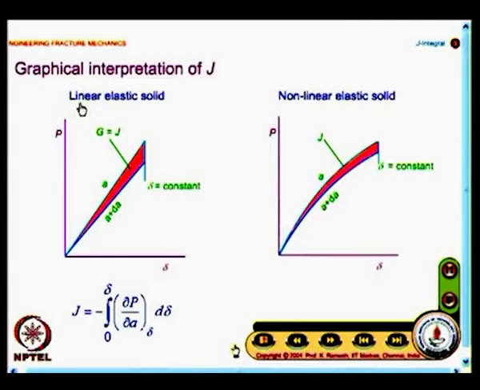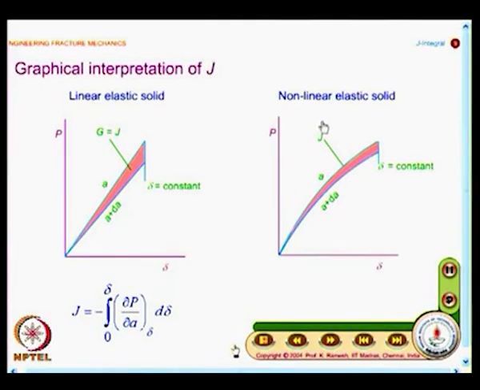You could extend this for a non-linear elastic solid. Here the force displacement relationship is not linear, it is non-linear in this fashion, and the crack extends by a small amount delta a, and this shaded area can be interpreted as J. So, the advantage of J is it is applicable for non-linear elastic solids too.